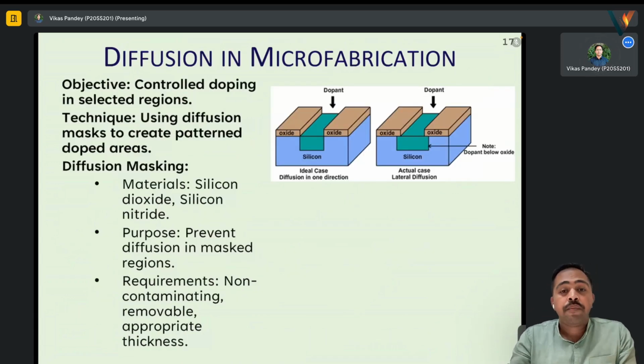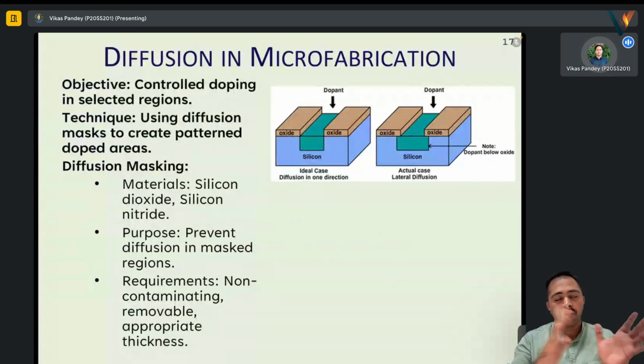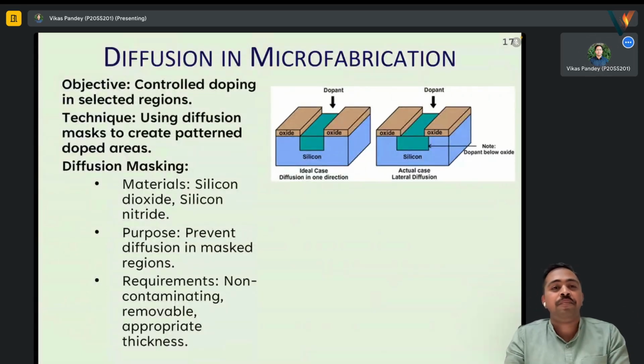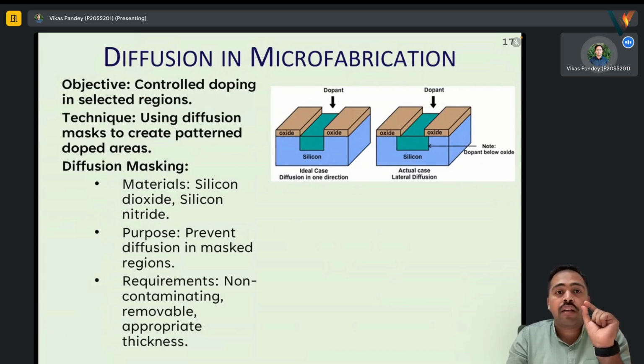Now this is the theory. Now let's see how it is actually done. The objective is generally to create controlled doping in selected regions. Because we have seen that when we were starting with the ingot itself, we were doping it.